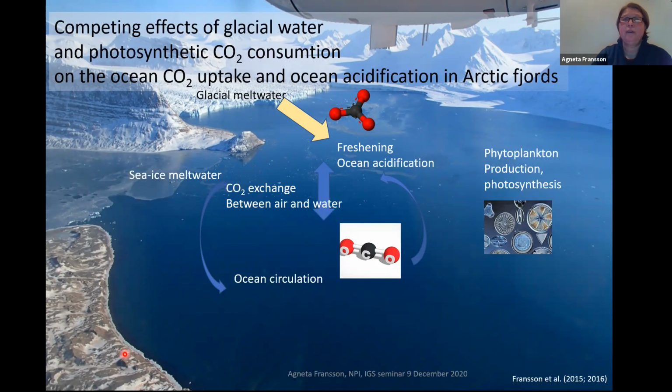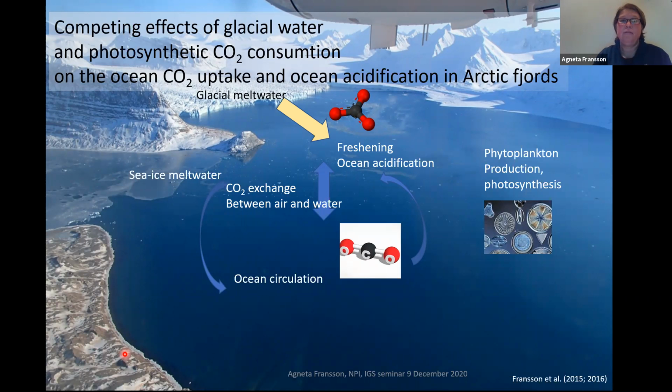The competing effects of glacial water and the photosynthetic CO2 consumption will decide how much ocean CO2 uptake and ocean acidification we will see in the Arctic fjords, and also the sediment loads and stratification.